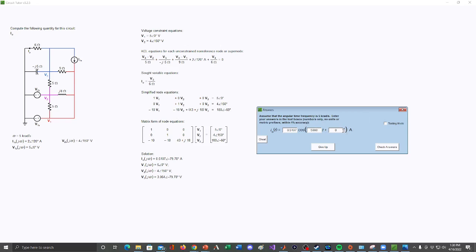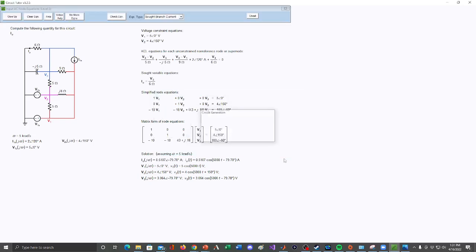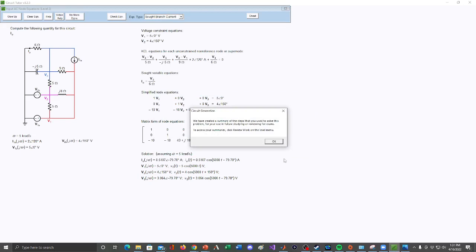So you just drop the angular frequency in, and then minus 79.78, just as it says. Well, there you go. All right, so there's the solution.